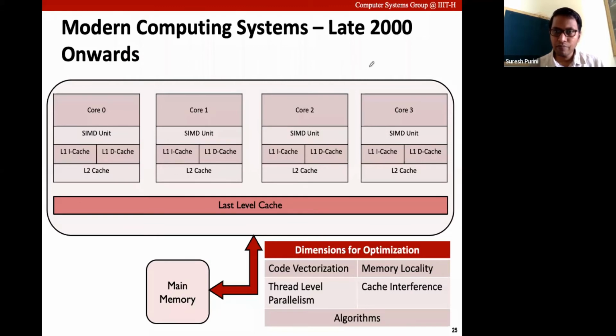So after 2005, because of these problems, what processor manufacturers started doing is they started shipping multiple cores on the same processor die, processor chip.